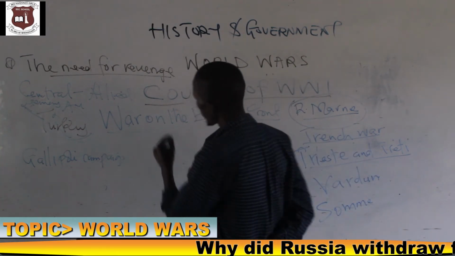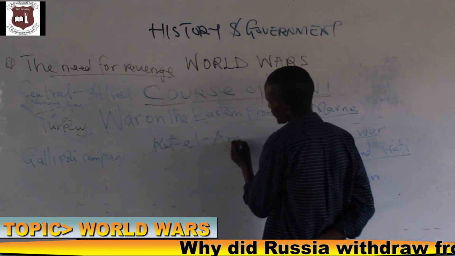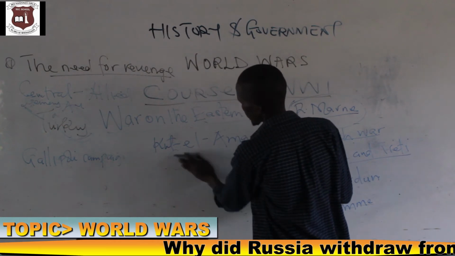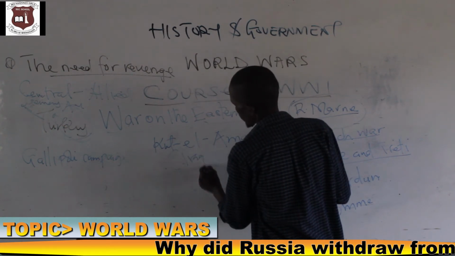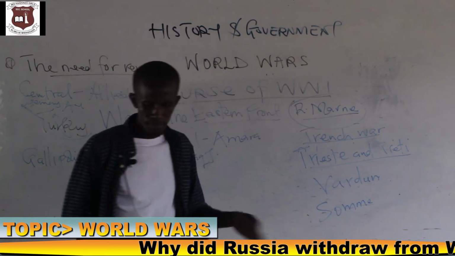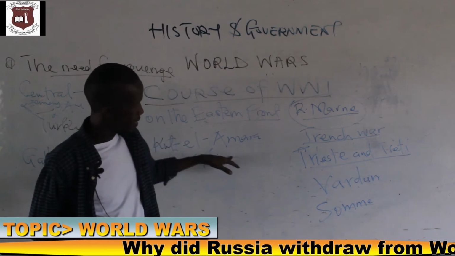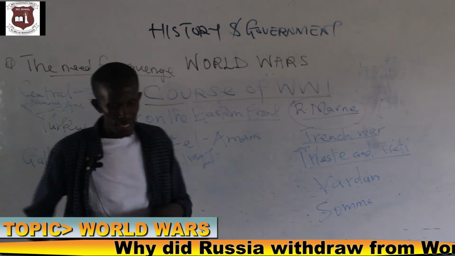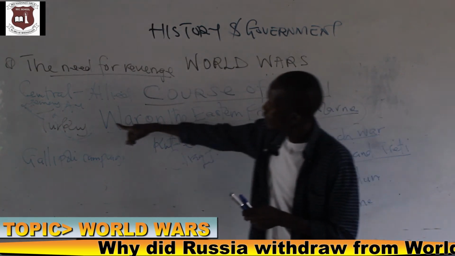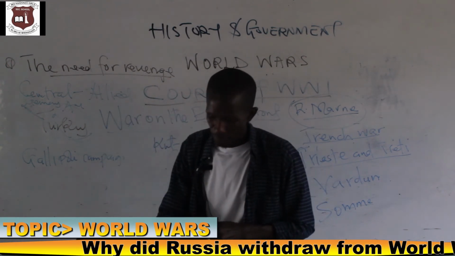It's spelled Kut El Amara, in current Iraq. The British troops stationed there were besieged by the Turks until 1916, when Turkey surrendered. So Turkey surrendered from the war in 1916.